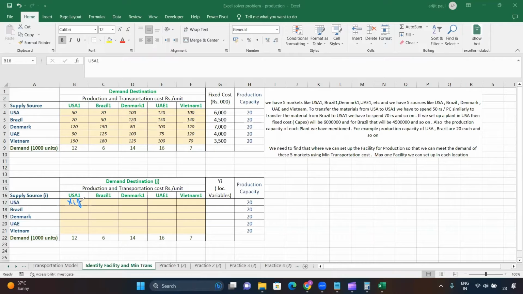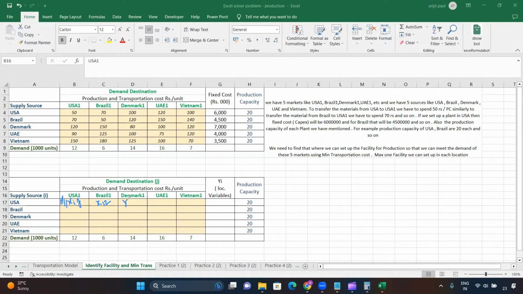So this becomes our xij. This is x11. The first one is the source, and the second one is the destination. For this column, we can refer to this as X12. 1 stands for the source, that is USA, and 2 stands for the destination, that is Brazil.